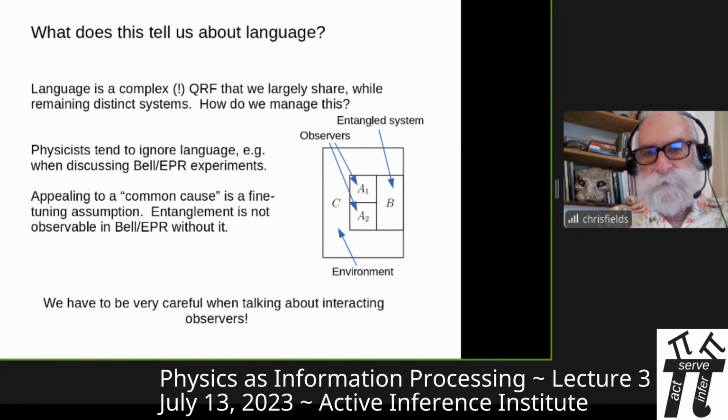And so I just want to leave you with the point that we have to be very careful when talking about interacting observers. So in talking about two components of some system that jointly interact with some environment, but also communicate classically.